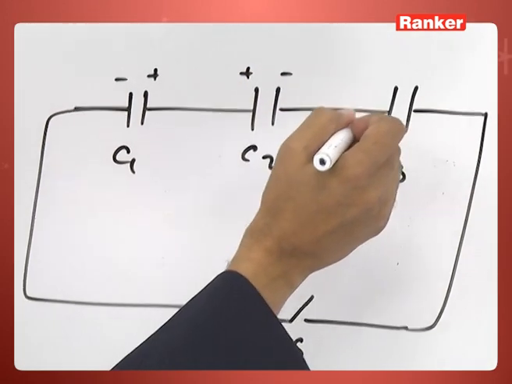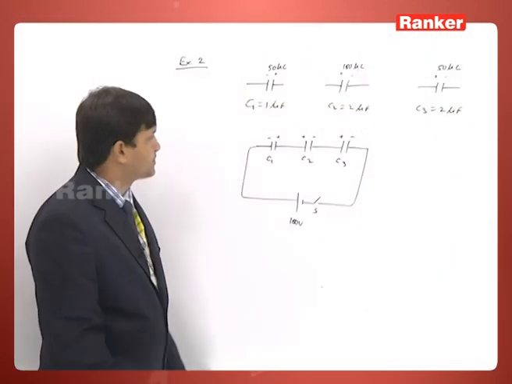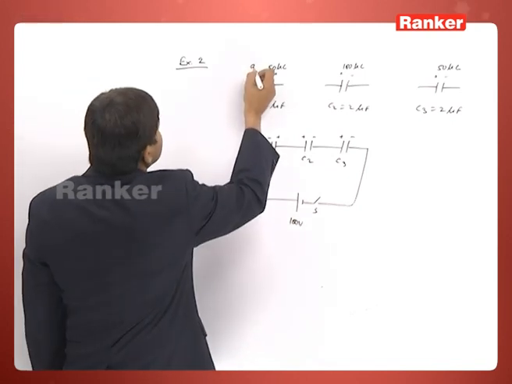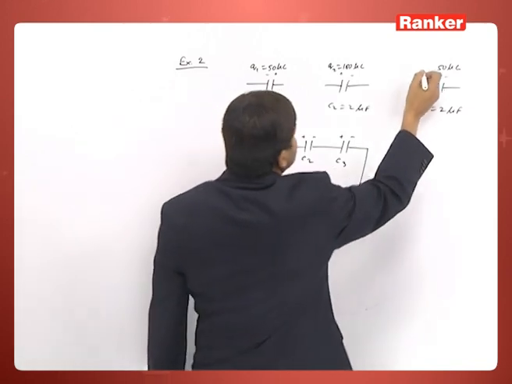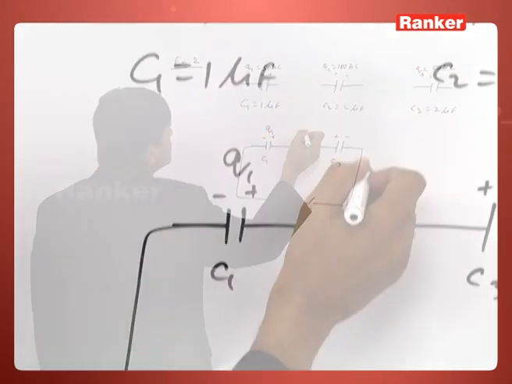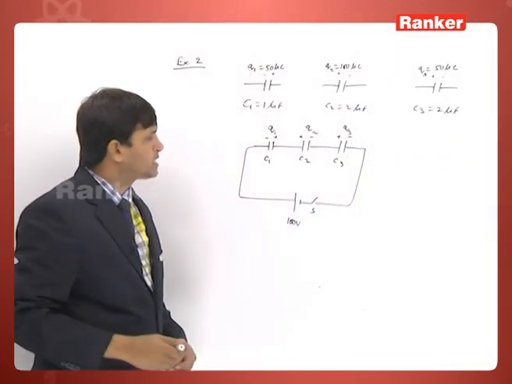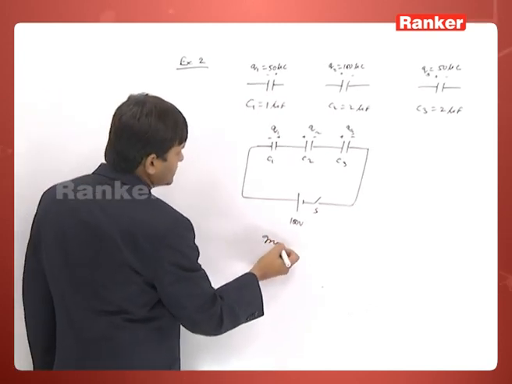The polarity is shown like this. So if we consider this is your Q1 initial charge, this is your Q2 and this is your Q3, so here also we can write Q1, Q2 and Q3. So this is the initial position, the initial connection.